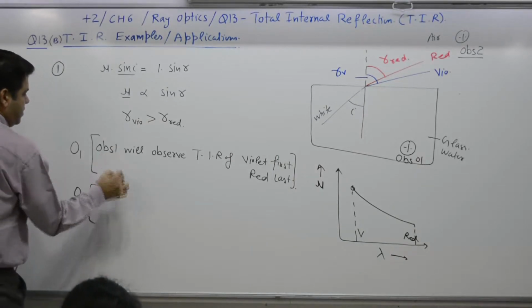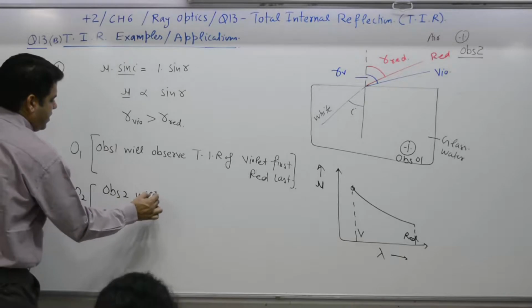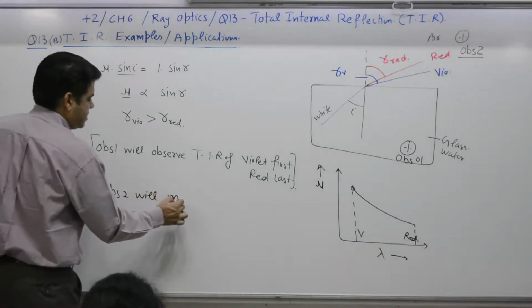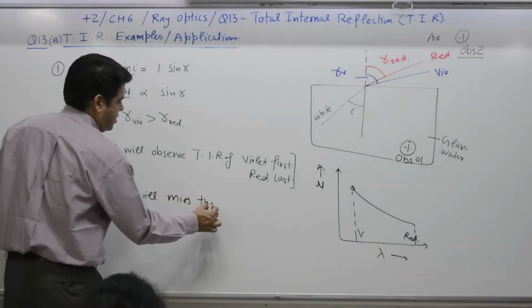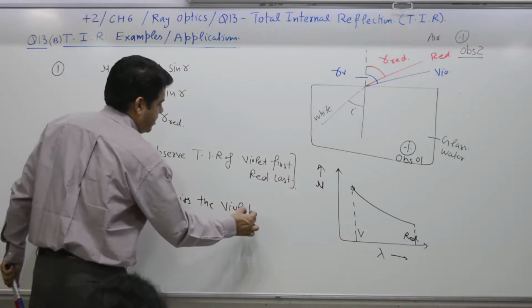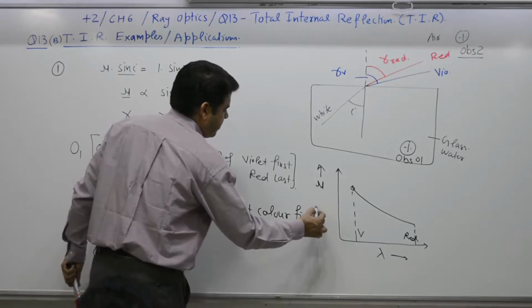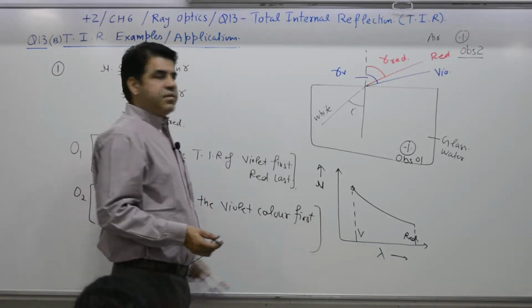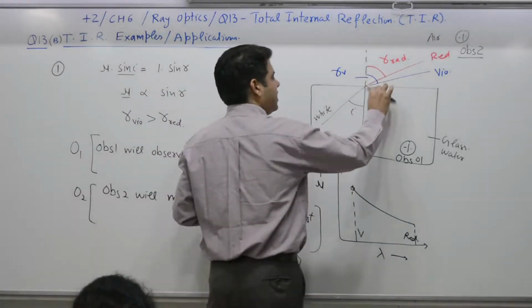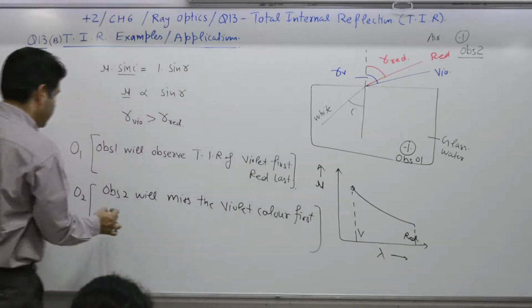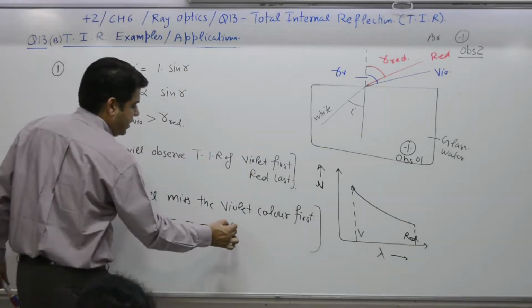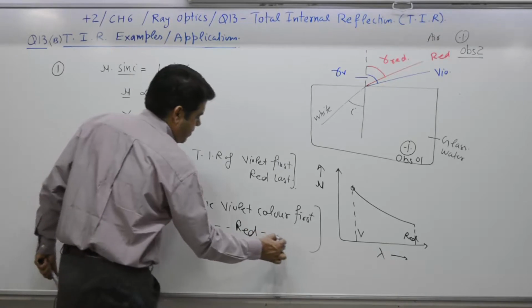Observer 2 will miss the violet color first. Agreed or not? The moment TIR takes place, the violet color is inside and observer 2 will miss the red color last.